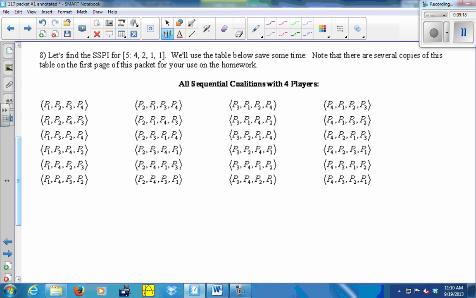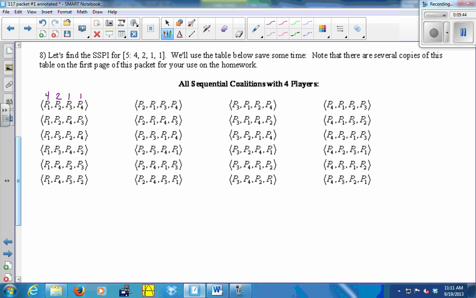I find it easy if I write each player's votes above them. You don't have to do this every single time. It's just to help you figure out how to do this. Then you add them from left to right, and as soon as you meet or exceed the quota, the player that you added last is the pivotal player.